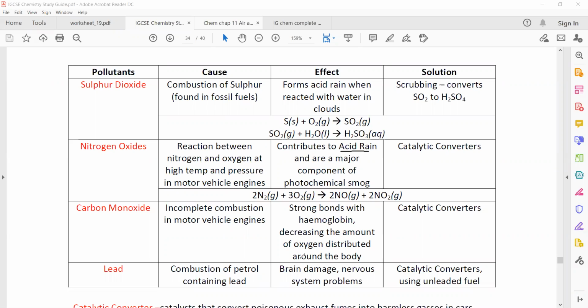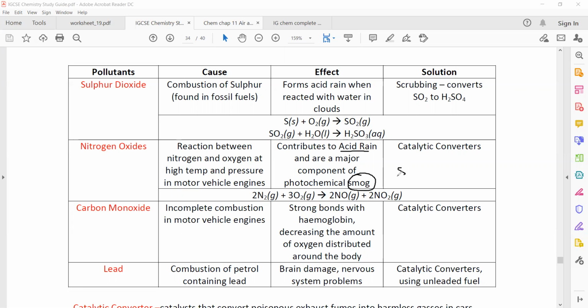Oxides of nitrogen, because these are non-metal oxides, will make it acidic. When they mix with water, it will be acidic, and that can cause acid rain. Or because these oxides of nitrogen are brown in color, they mix with water vapor or fog, which will form smog. What is smog?